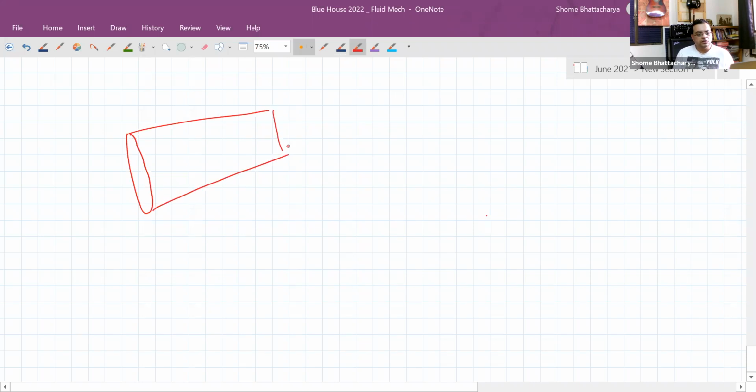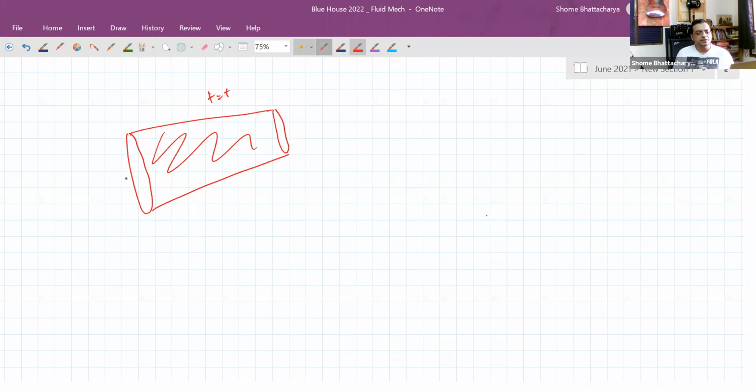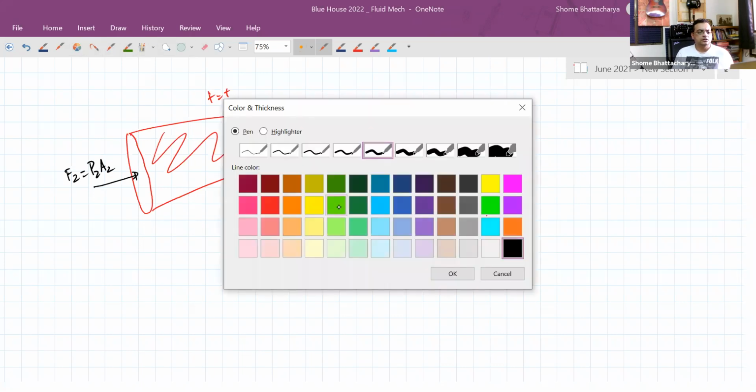This is how the volume element of fluid, or the section of the fluid, is looking at t equal to t. And this is experiencing a force from this side, which we had written as F2, which was pressure at that section into cross-sectional area. This section was experiencing a force due to pressure, which we had written as F1, as P1 into A1. Now, a short time later, this whole thing has moved here.